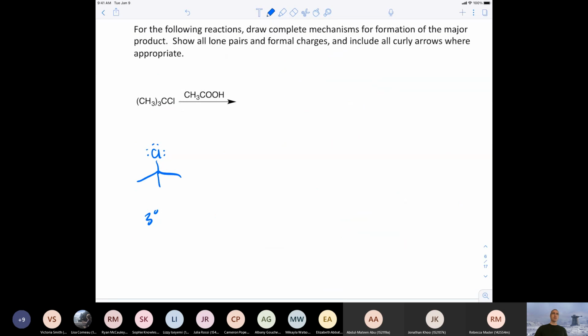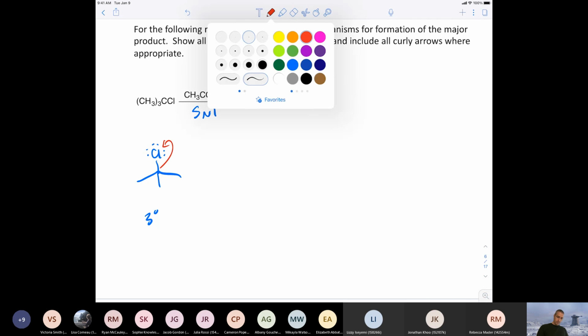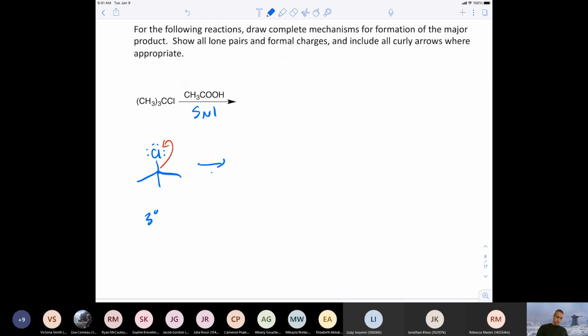No heat. This is SN1. Okay. So first thing, for SN1, we lose our leaving group. And our nucleophile is going to be our solvent.